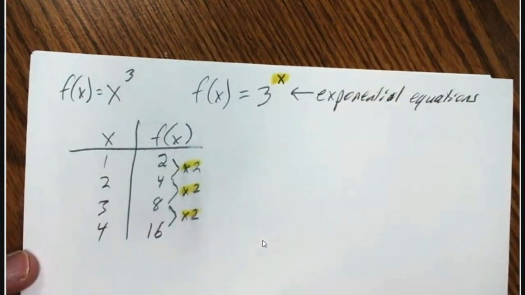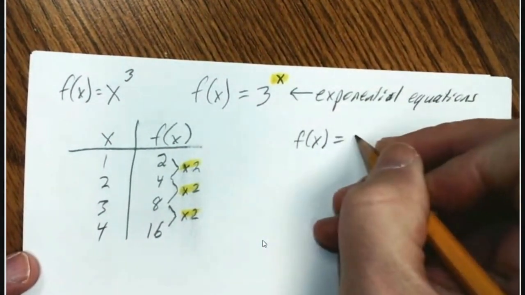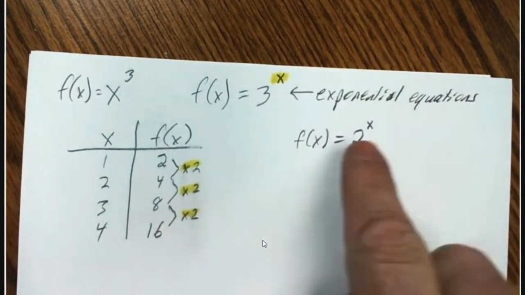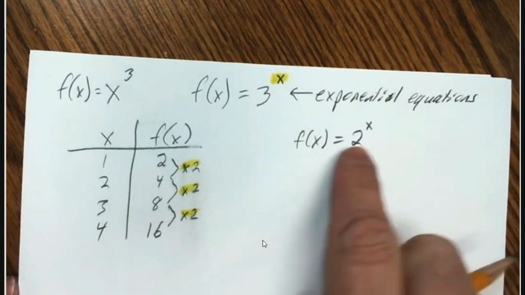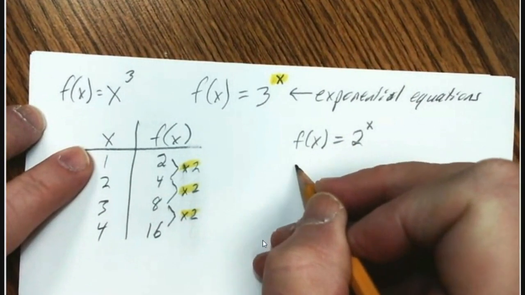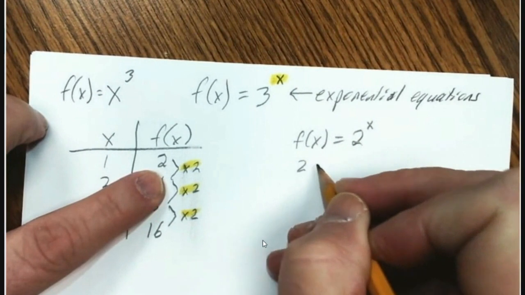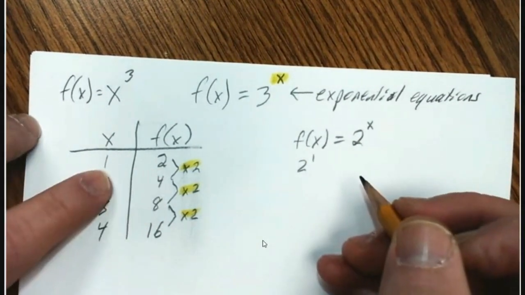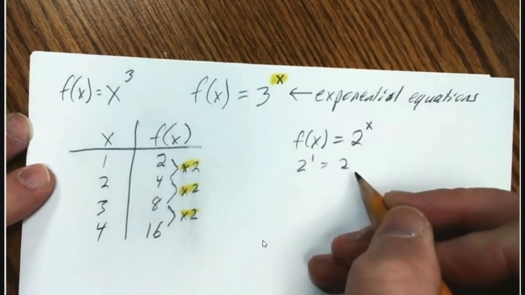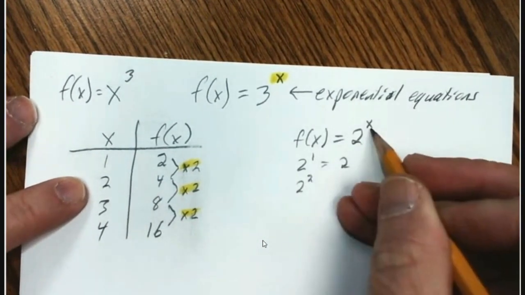So if we want to write this equation, we could say f of x equals 2 to the x, because it's being multiplied by 2 each time. So we can say that's 2 to the x power. Well, does that work? Let's look at the first one. The first one would be 2 to the first power if x is 1, and 2 to the first power is just 2. The second one would be 2 to the second power, where x is 2.